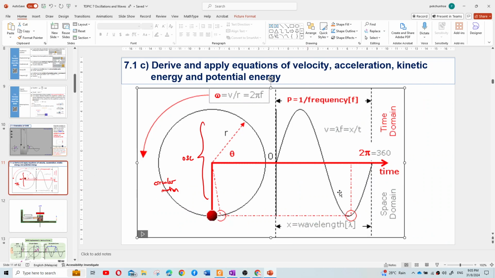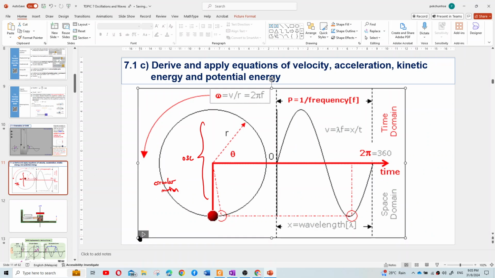Looking at this one, you see this oscillation? Kan uniform circular motion, dia tak ada acceleration, dia constant speed saja, betul tak? So alpha dia adalah 0.